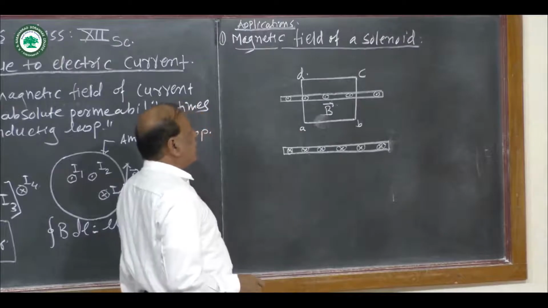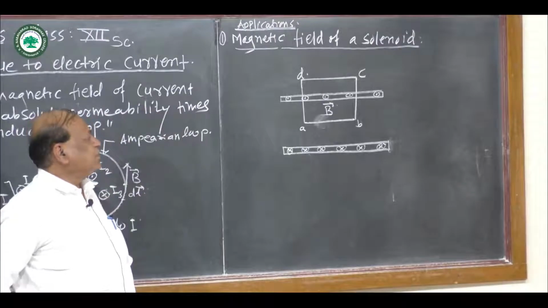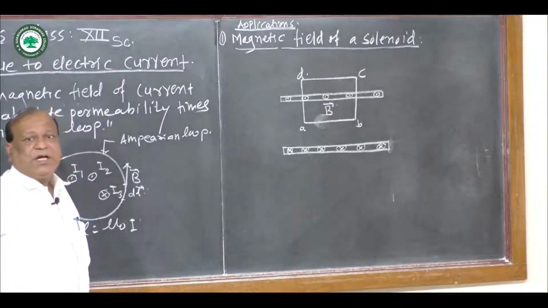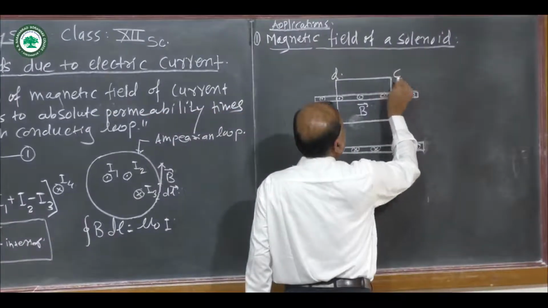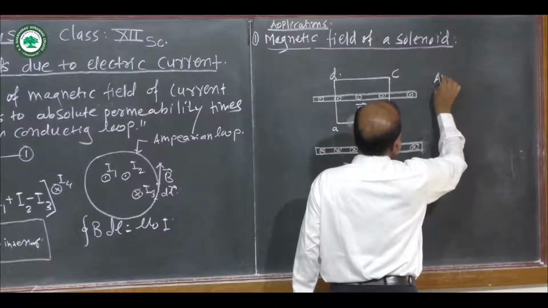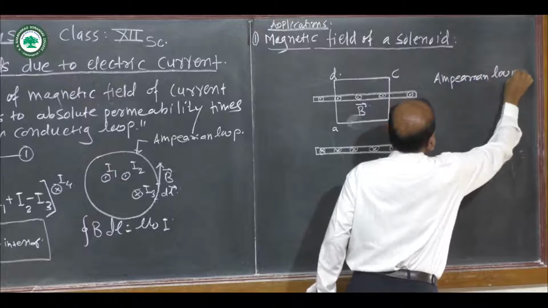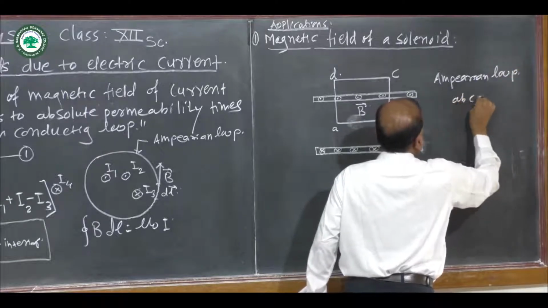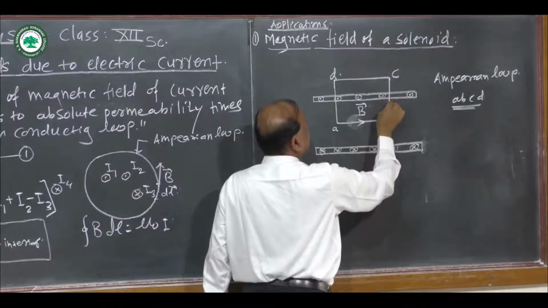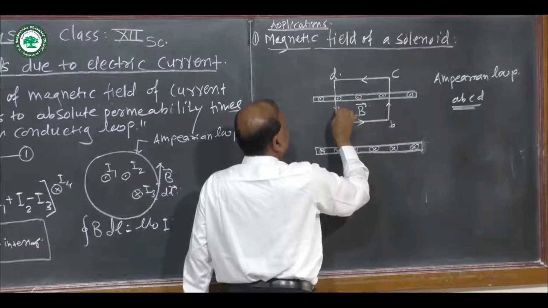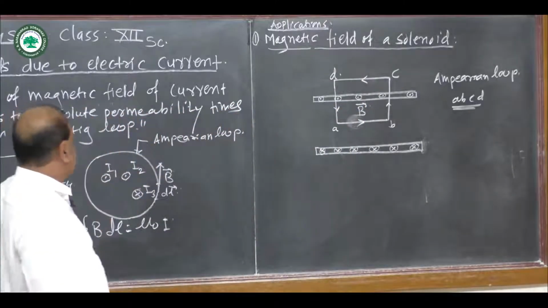Now we have to find the magnetic field produced by this solenoid using Ampere's Circuital Law. This part is the Amperian loop ABCD, and the direction of current is like this.